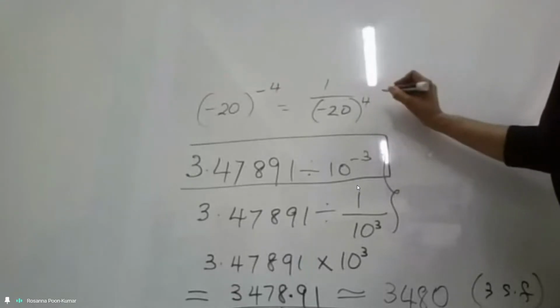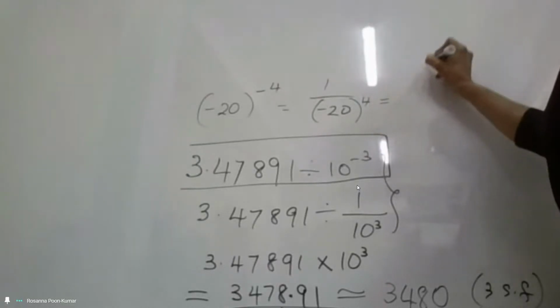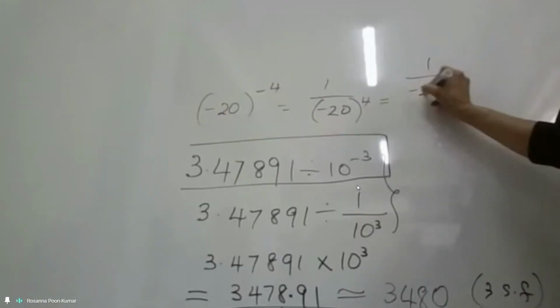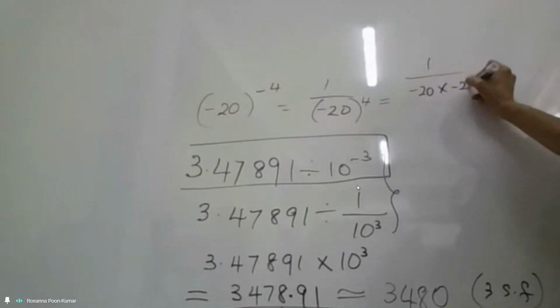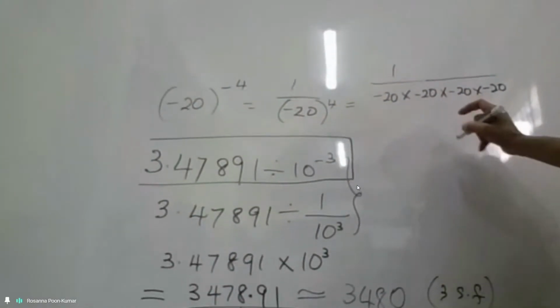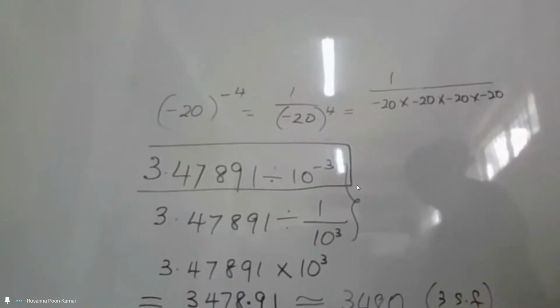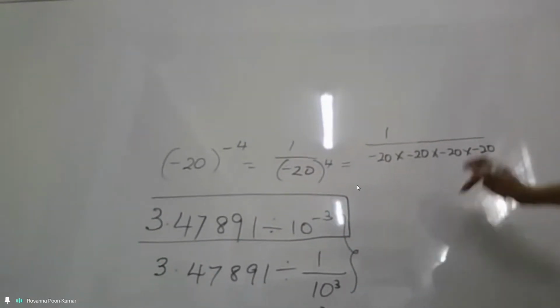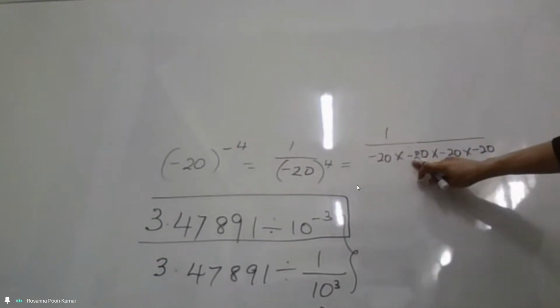So if you look here, I'm continuing, Darius. 1 over negative 20 times negative 20 times negative 20 times negative 20. Are you seeing what I just wrote there? Yes. A negative by a negative is a positive.